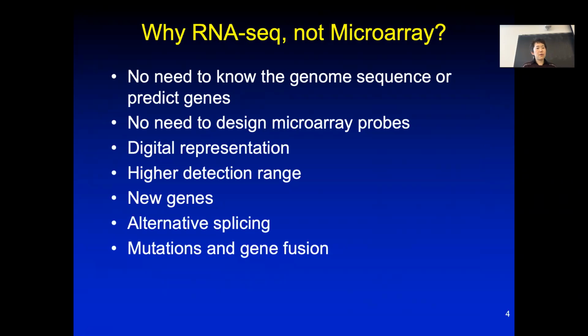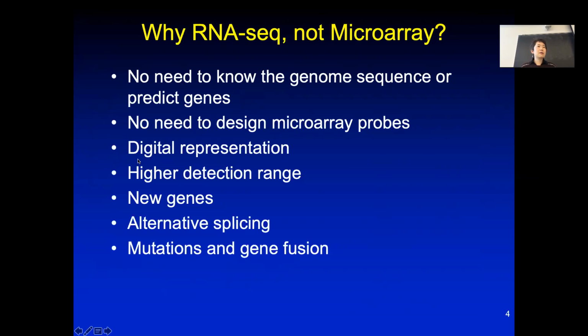And so if we get, say, an alien, and we don't even know their genome, right? But you do find out that they have DNA or RNA. And so one simple way is just to get the RNA and sequence it without even knowing the genome sequence. Yeah, so we do not need to design microarray probes in here.